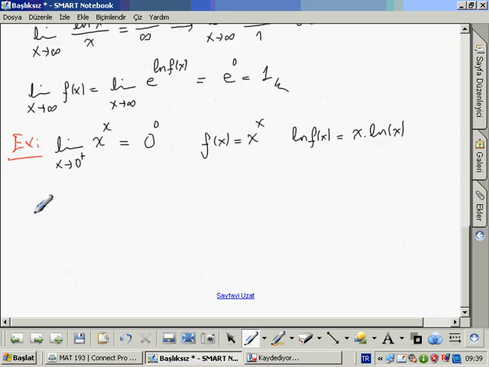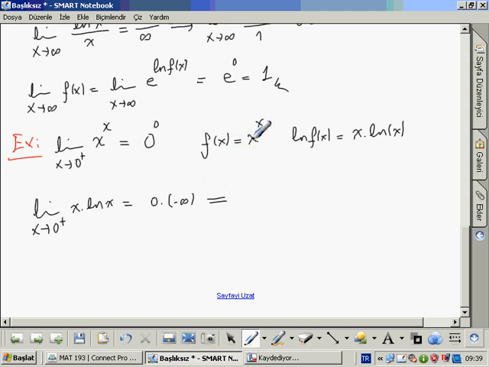And after that, the limit as x approaches 0 from the right-hand side of x times ln x is 0 times minus infinity, an indeterminate form.